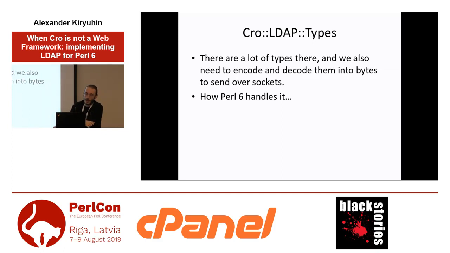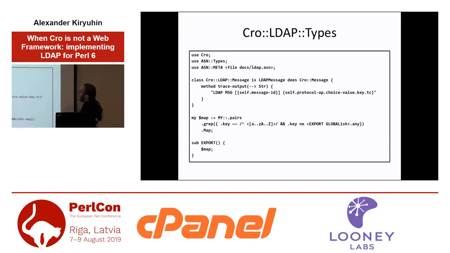So now Cro-LDAP types. It is actually a foundation of our Cro-LDAP model, because we can't do anything without types to work with. So how can we handle it in Perl 6? Firstly, we have about 3 import statements. We import Cro to get this Cro message role, and then we have ASN types to have, of course, ASN types.